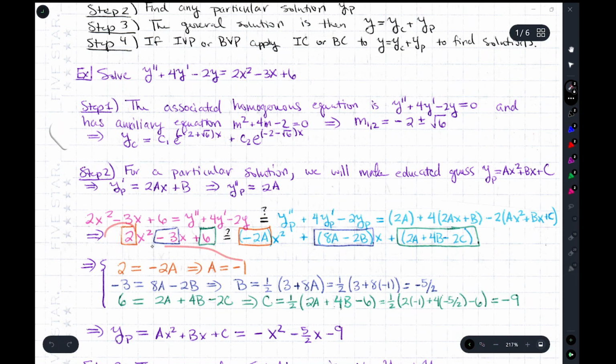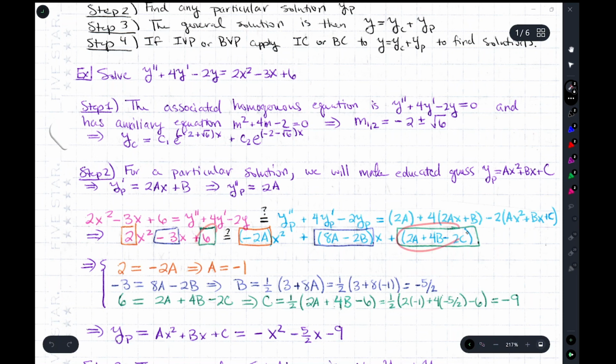And so in orange, we write that condition here, and we solve and we get a must be equal to negative 1. We take the blue here, and we get this equation, and since we have a there, we could solve this, and we get b equals negative 5/2.